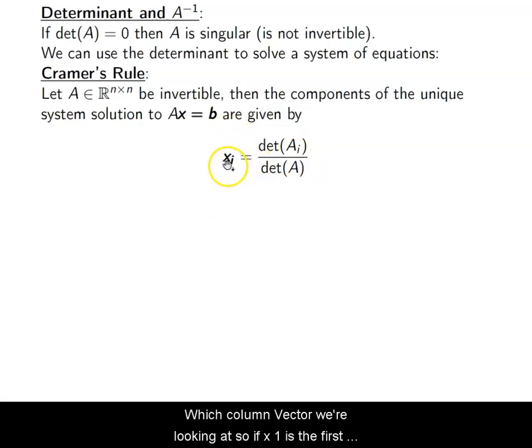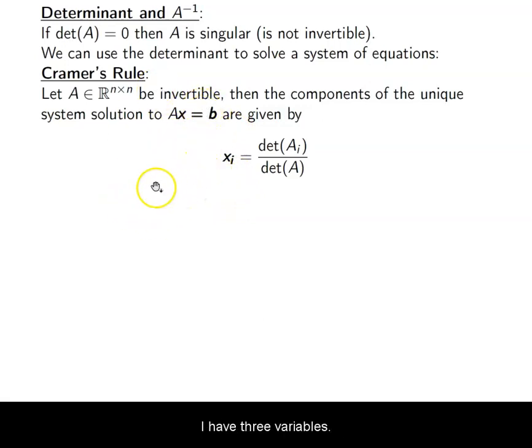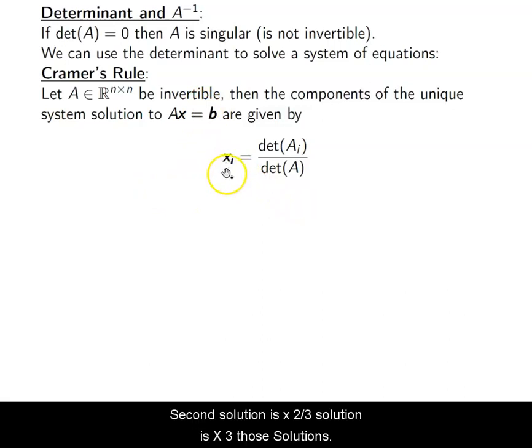So x1 is the first solution, x2 is the second solution, x3 is the third solution. So for instance, if I have a 3x3 system, I have 3 variables. The first solution, x1, right? Second solution is x2. Third solution is x3. Those solutions are given by determinant of Ai over determinant A.